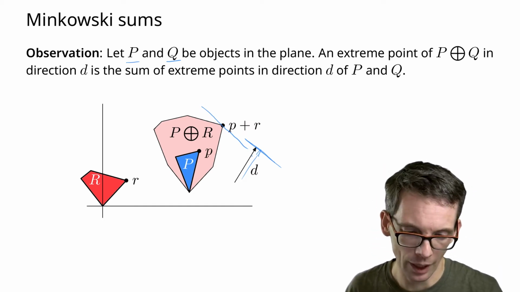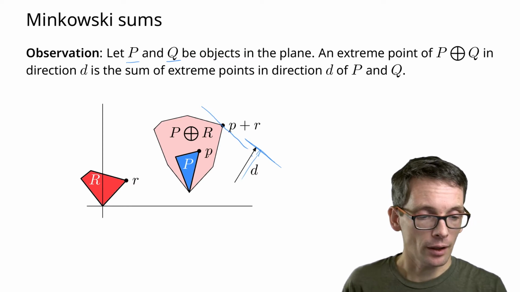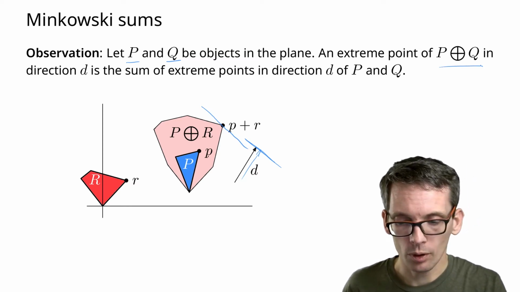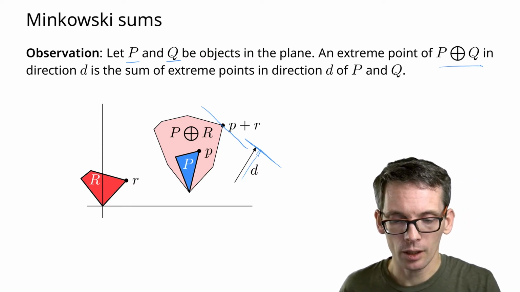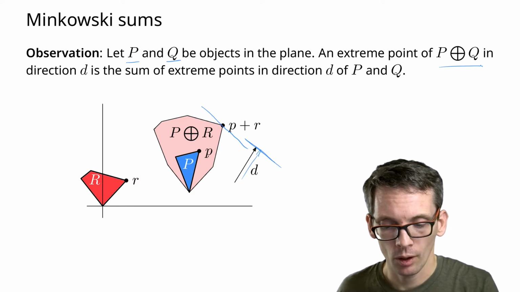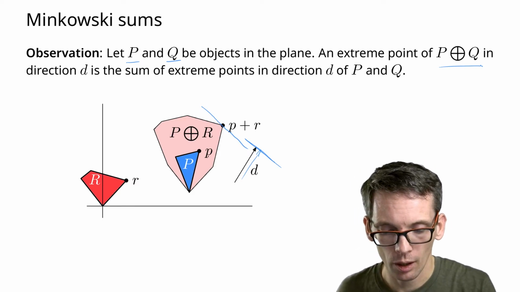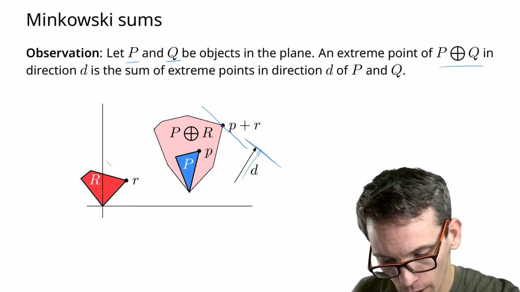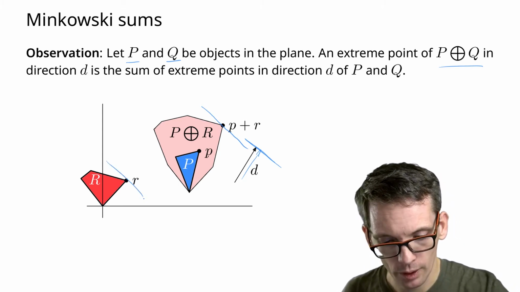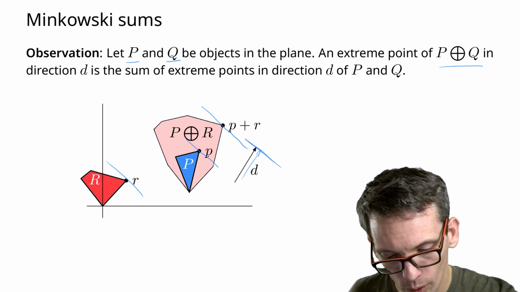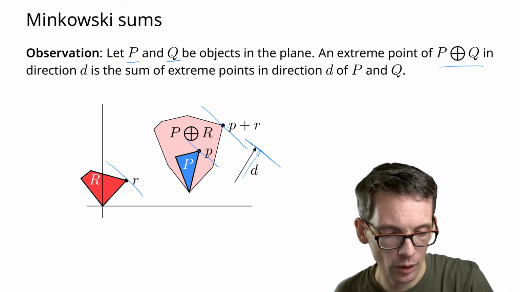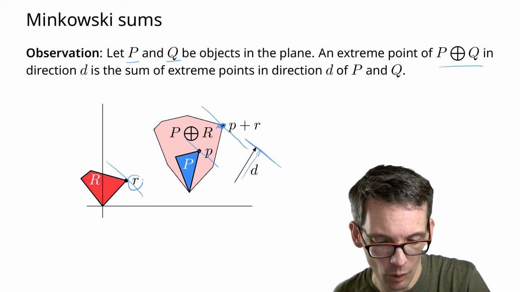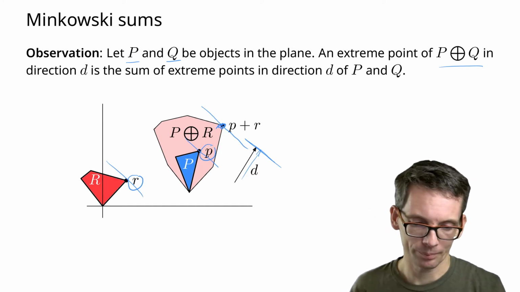This is the right line. Then that point, the extreme point in the direction, is the sum of the extreme points of Q and P in that direction. So in my example, for R the extreme point in that direction is this point. The extreme point for P in that direction is that. So I know that this extreme point is actually the sum of R and P.